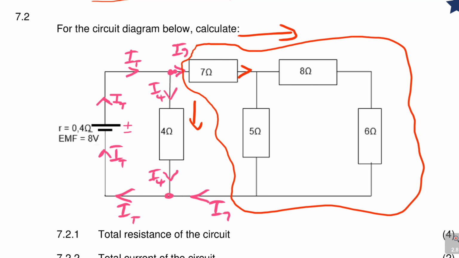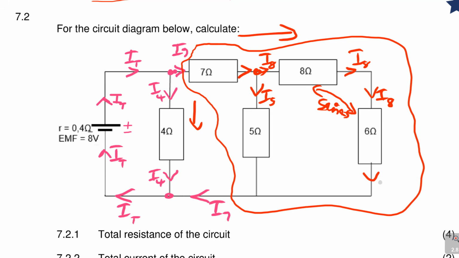This current comes here and further splits. Our I7 will go there to become I5, and the other one becomes I8. It brings more confusion, but look at it. I8 comes out here, and I8 goes into I6. When you see the same current going through two resistors, it means you have a series combination, because the same current is coming out.